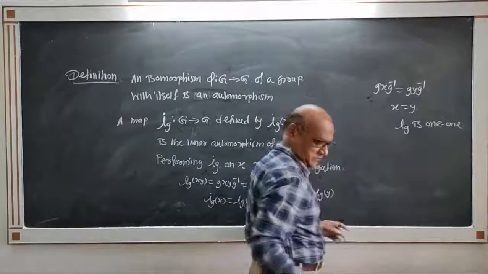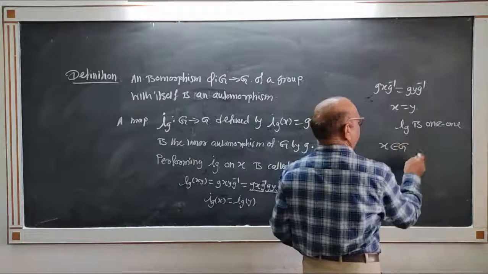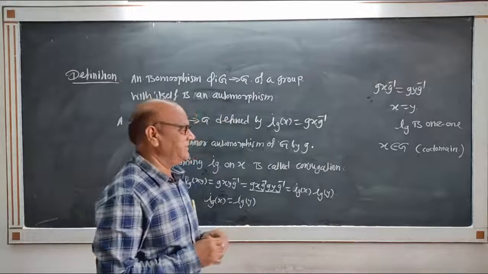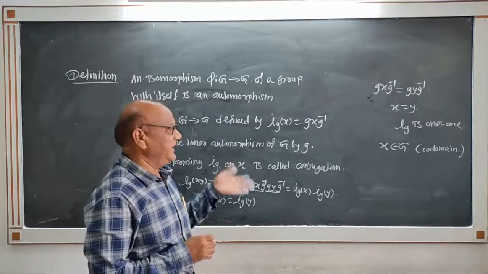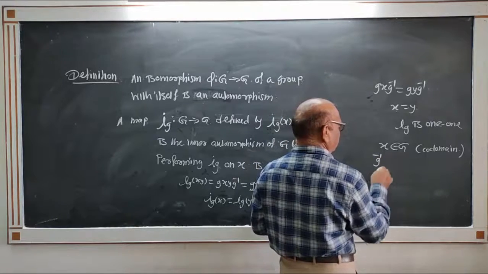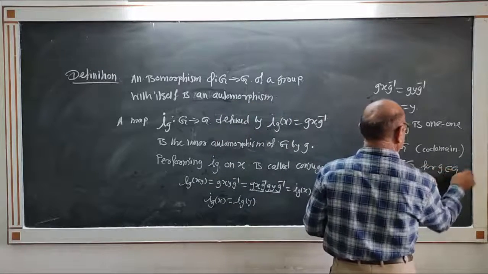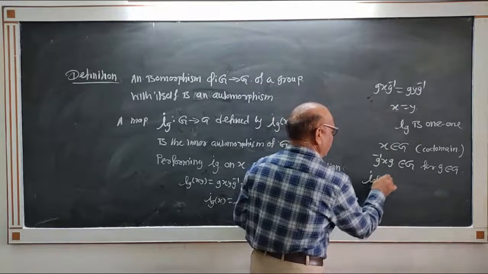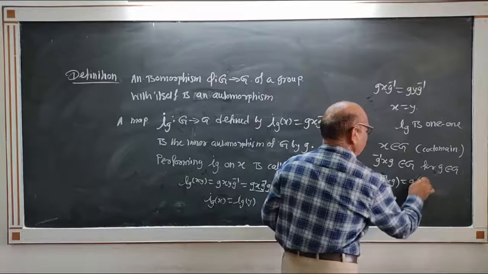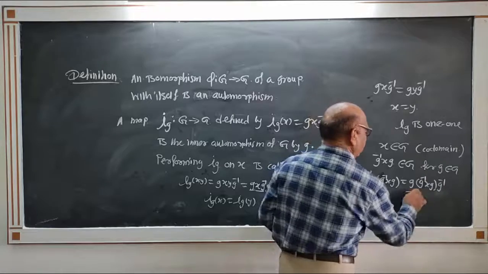Now, if we take any element x belongs to G in the codomain, then g inverse x g also belongs to G, and clearly I_g of g inverse x g is equal to g g inverse x g g inverse, which is x.